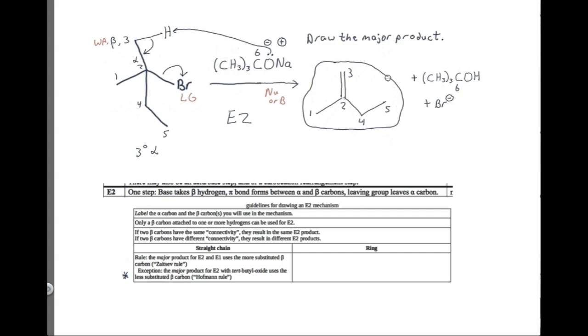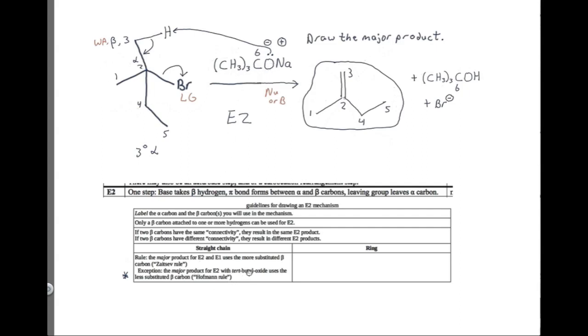I hope you can see that if we had used carbon 1 as the beta carbon, we would have gotten the same product. But if you're not confident of that, you could just draw that mechanism separately and convince yourself that that gives you the same product as we get when we attack carbon 3. So the purpose of this problem was to practice which beta carbon to attack with tert butyl oxide.